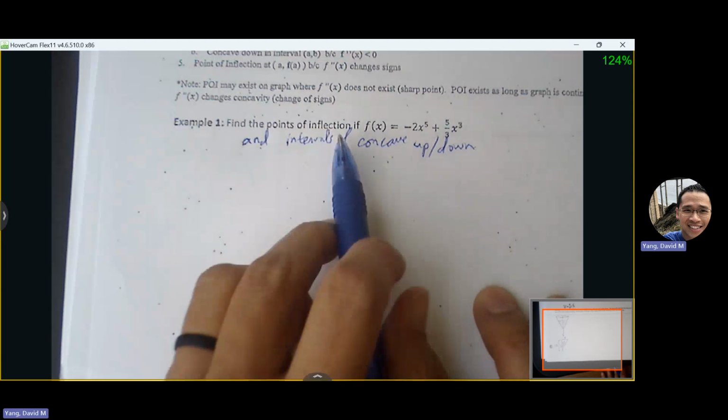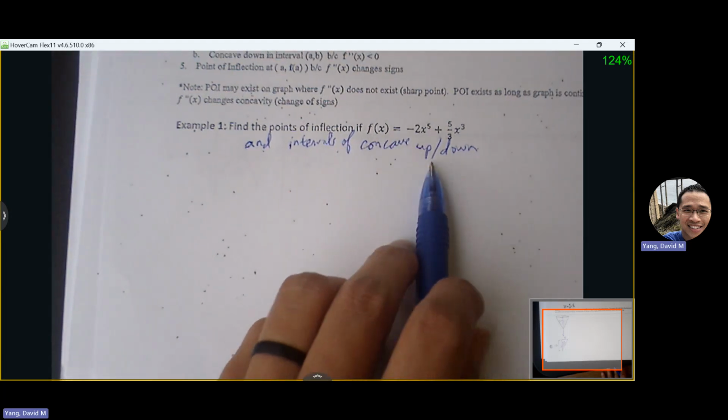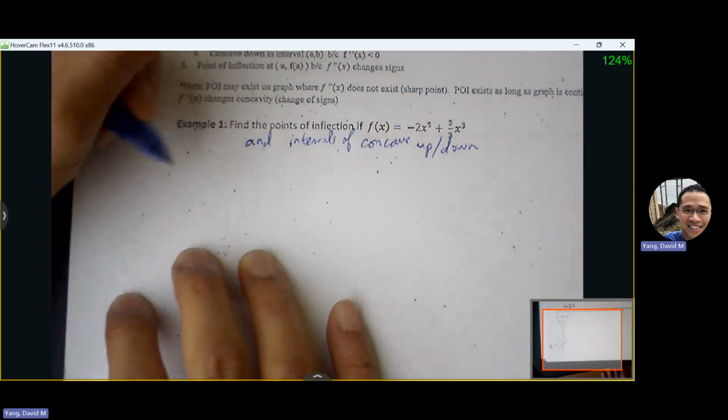Okay, so to get to anything dealing with points of inflection, concave up, concave down, I have to make my way down to what? Which derivative? Second derivative. Yeah, so go ahead. Let's see if we can work our way down to f double prime.